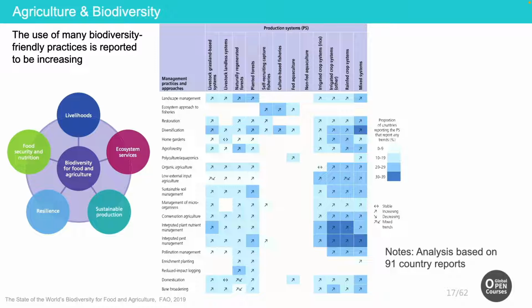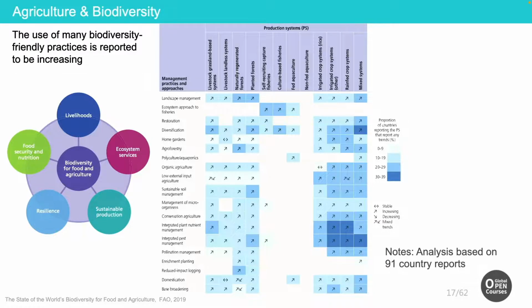In order to limit or reduce the threats of agriculture to biodiversity, many biodiversity-friendly agriculture practices were encouraged and implemented. The figure in the middle is from a FAO report released in 2019, The State of the World's Biodiversity for Food and Agriculture.